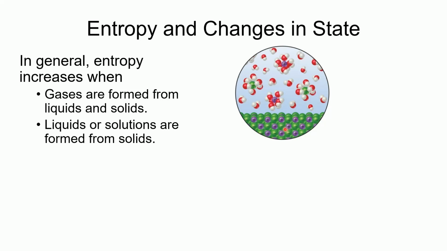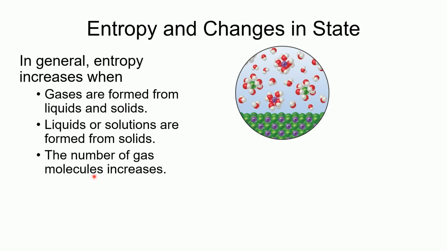When the particles are in the solid phase, they can't move around very much, so there are not many ways that you can store energy in that system. But once they are dissolved, they can move around with quite a bit of freedom. So they have a lot of ways to move around, and therefore will have more microstates.